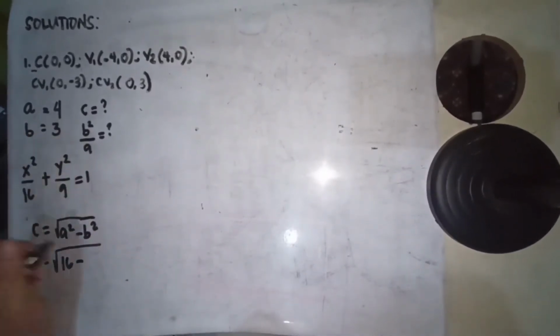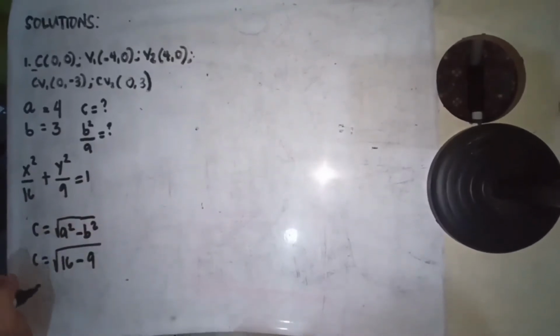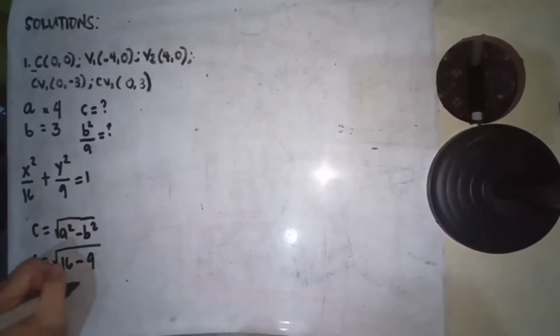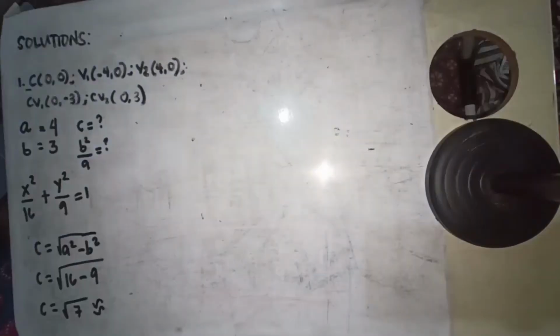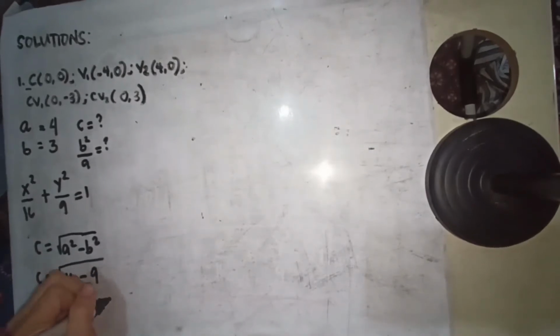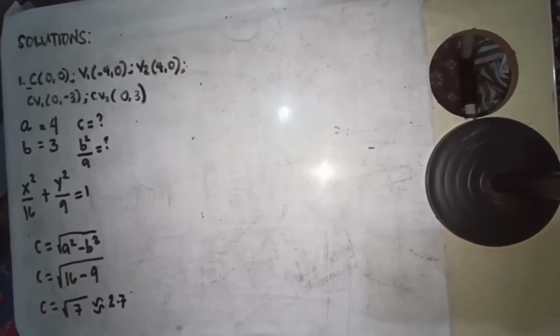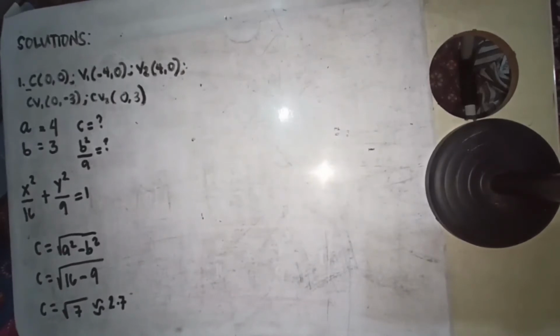So 3 squared, that is 9. We have c that is equals to the square root of 16 minus 9. We have 7. Okay, or this is approximately 2.65, or we have 2.7. So we now have the distance C.